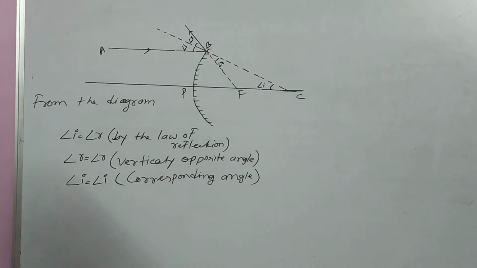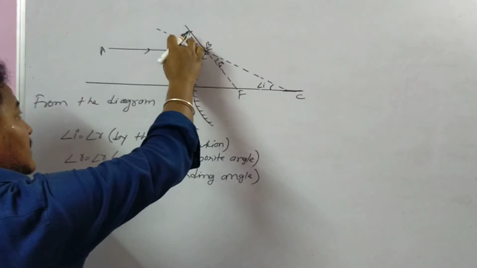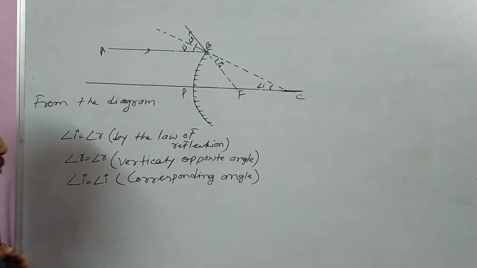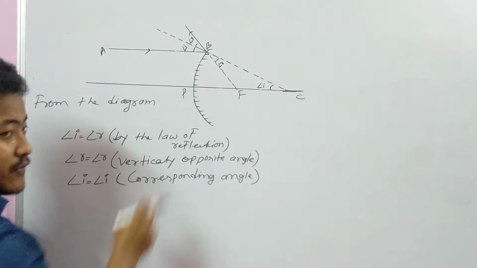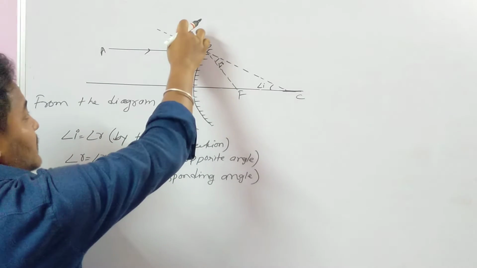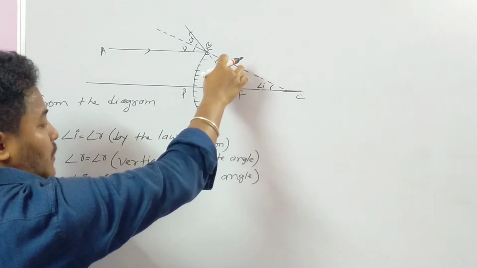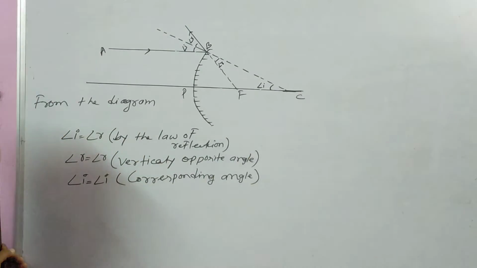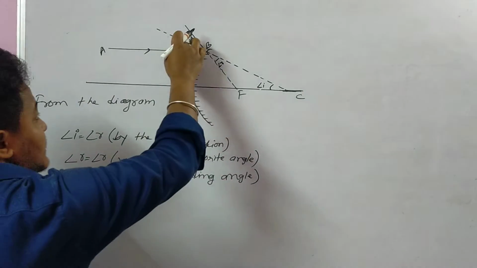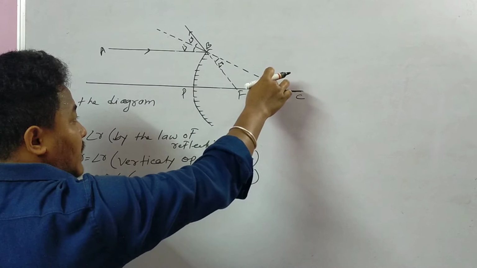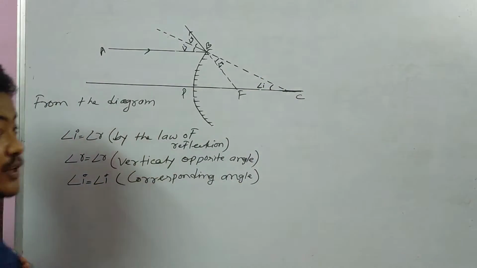Mind the point. First, this angle I is equal to this angle R by the law of reflection. If this angle is R, this angle is also R, they are vertically opposite angles. If this is I, this is also I, so they are corresponding angles.